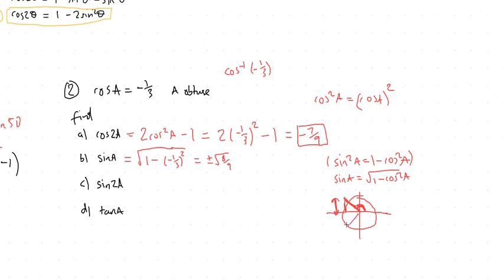If we were in this quadrant, sine would be negative. So we know to take the positive square root here. So it's going to be root 8 over 9. And if we square root the top and bottom, it's root 8 over 3. That should be the right answer.